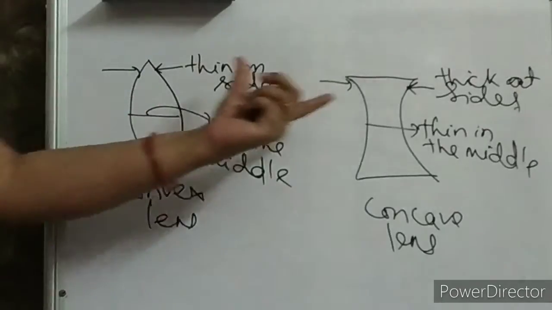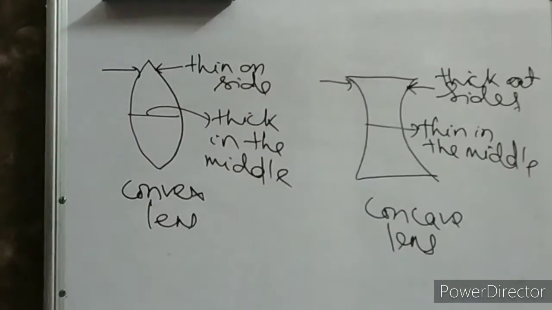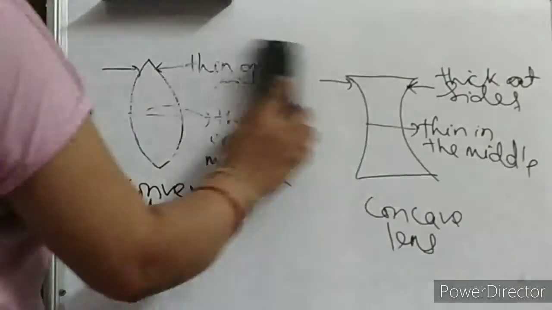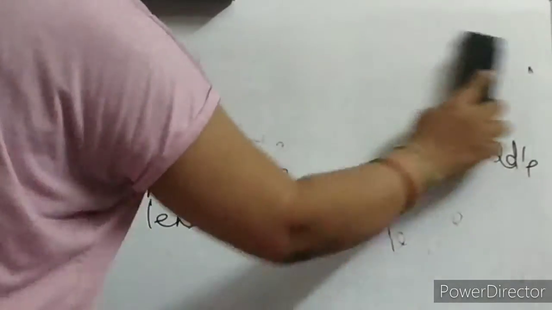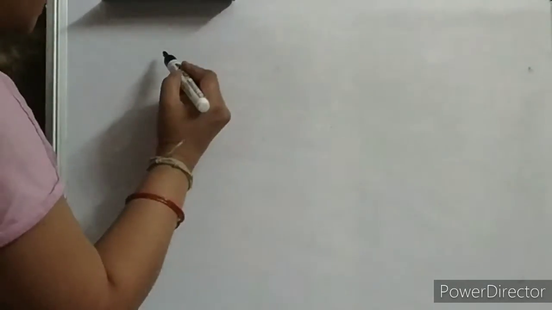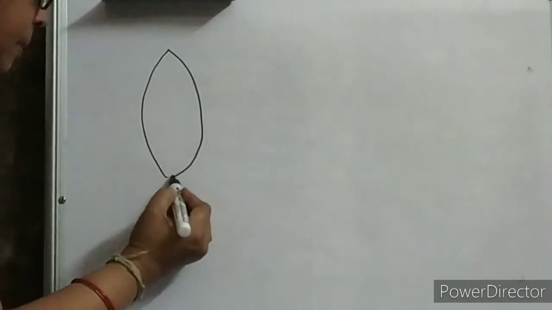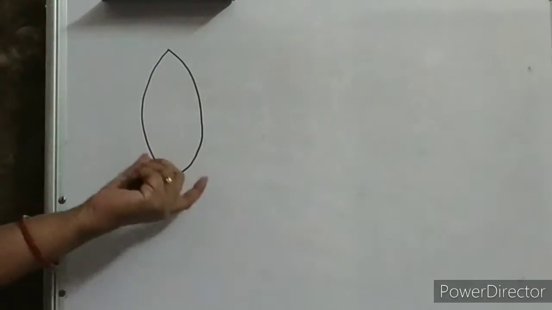Okay, these are the two types of lenses we are going to discuss. Before going to image formation and rules, let us understand the components that we have studied in the case of spherical mirrors also. Now tell me, why is it called a spherical lens?